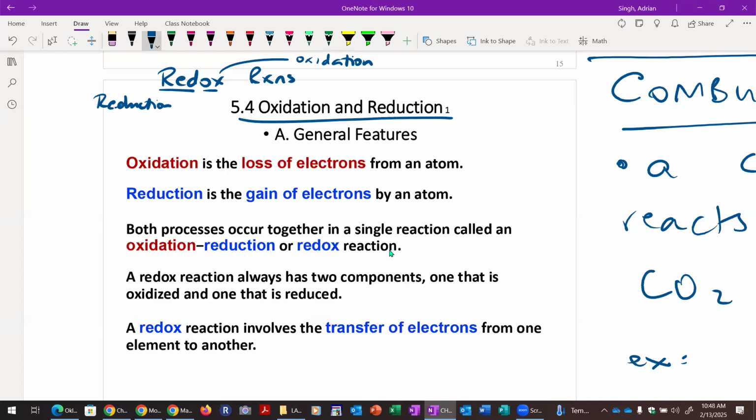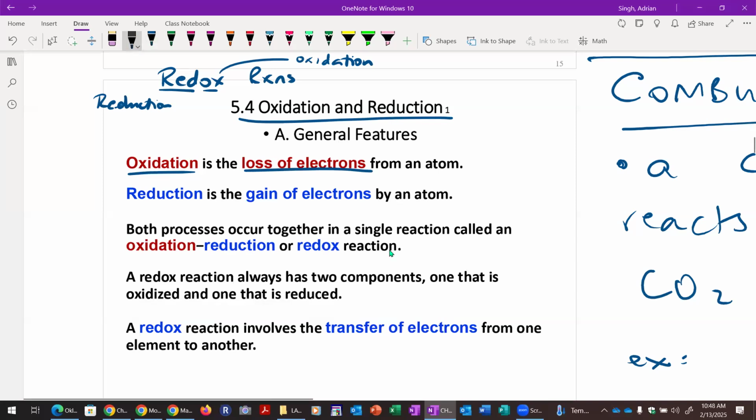Now, we can look at reduction and oxidation from several different perspectives. The first one is by looking at the reactions in terms of electrons and what's happening to an atom as you go from the reactant side to the product side. So we define oxidation as the loss of electrons from an atom. And the thing you need to know about oxidation and reduction is that they are opposite processes.